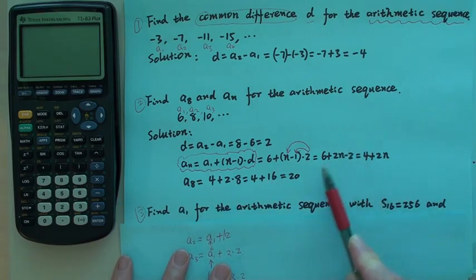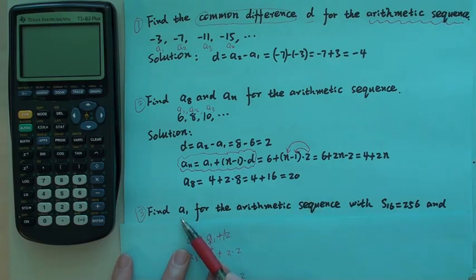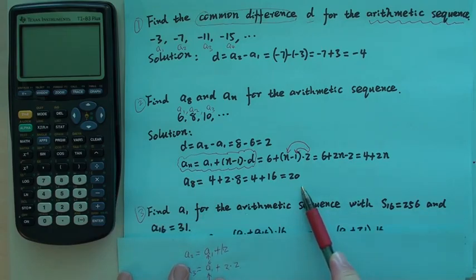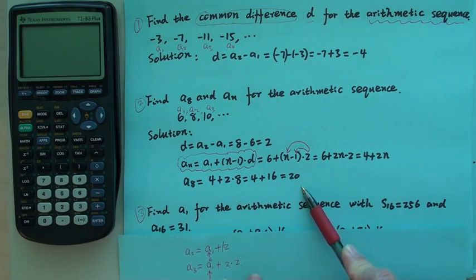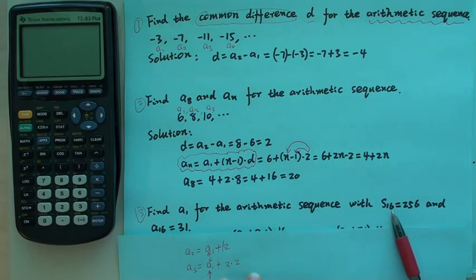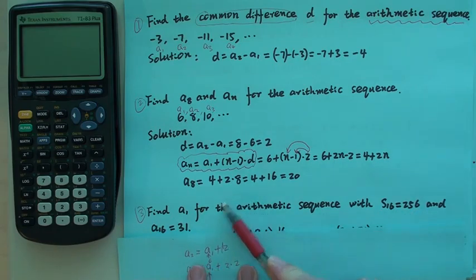The third example is: find the first term for the arithmetic sequence with two given conditions. One is that the sum of the first 16 terms is 256, and the last term, the 16th term, is 31.